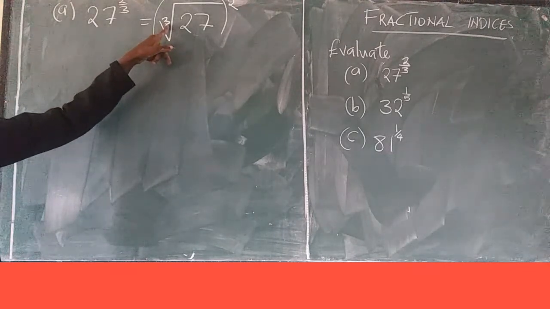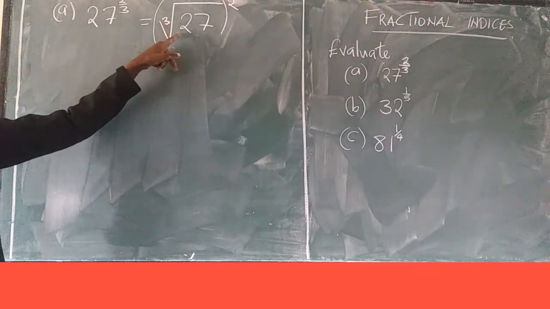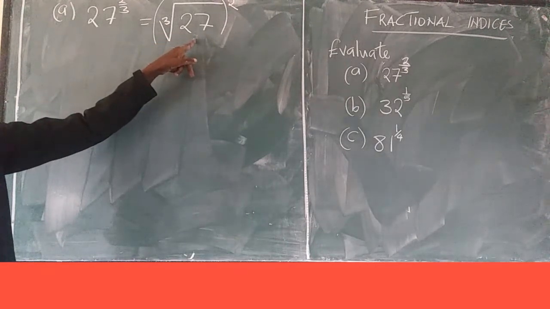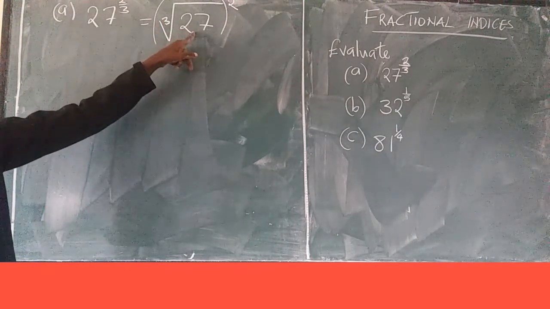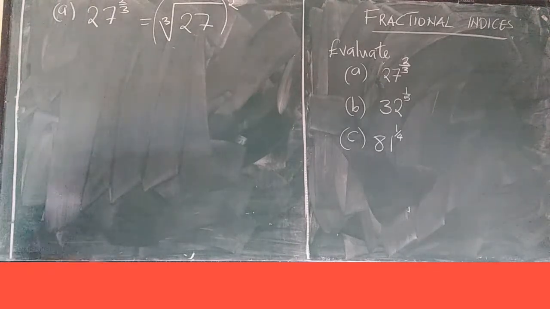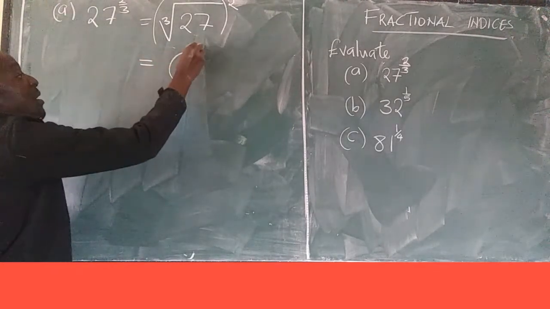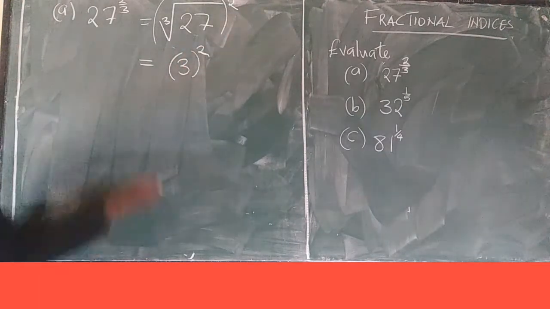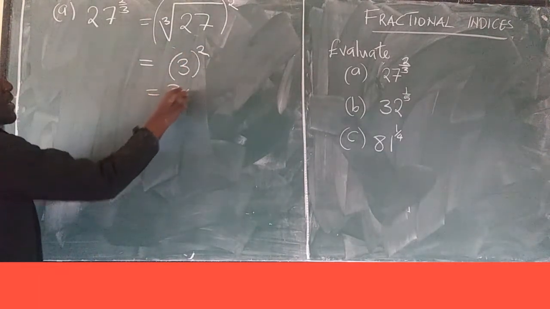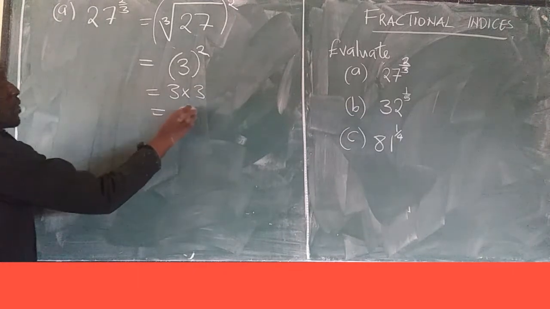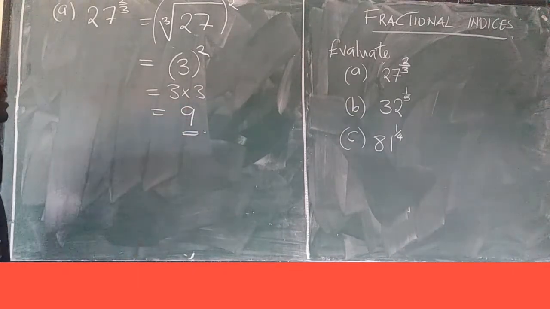So what you do is you look for a number that you can multiply by itself 3 times to give you 27, which is 3. So you are going to have 3 to the power 2, and this is going to be 3 times 3, which is 9. Yes, that's all. So you have evaluated.